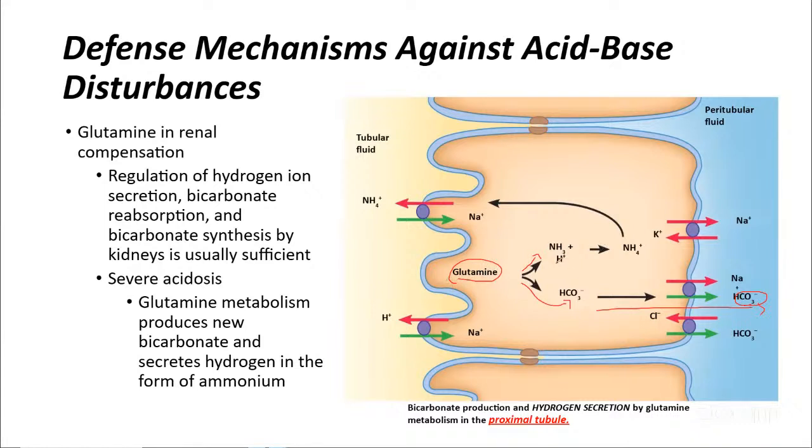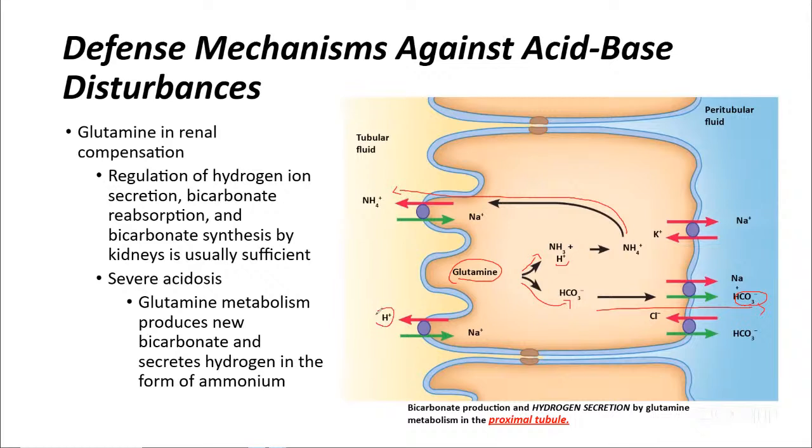We can see that we're taking hydrogen ions and we're secreting them out, combining them with that ammonia. So glutamine is an important extra way that we can compensate for major pH changes, particularly major acidosis. So we're going to be regulating hydrogen ion secretion through this, right?